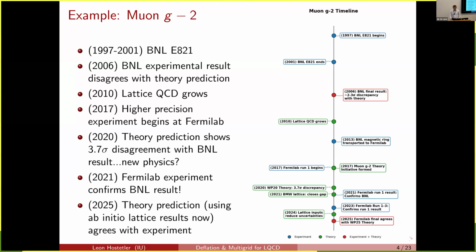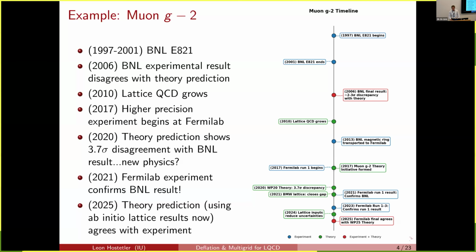So the first real lattice QCD calculation of this G-2 quantity came out in 2021 by the BMW collaboration, and their result kind of agreed with experiment now, disagreeing with the previous data-driven theory results. And so over the next couple of years, a lot of lattice QCD collaborations really concentrated on computing this quantity, really put in a lot of work.